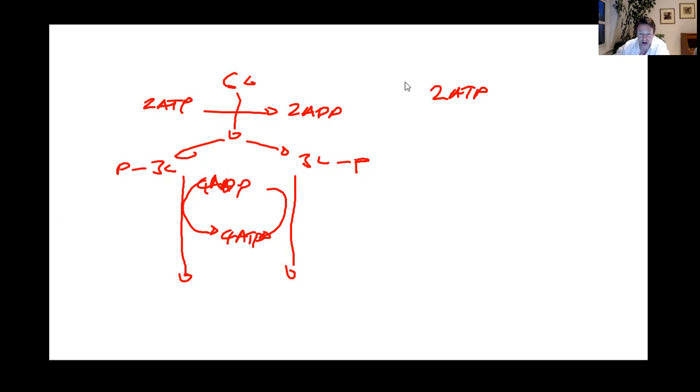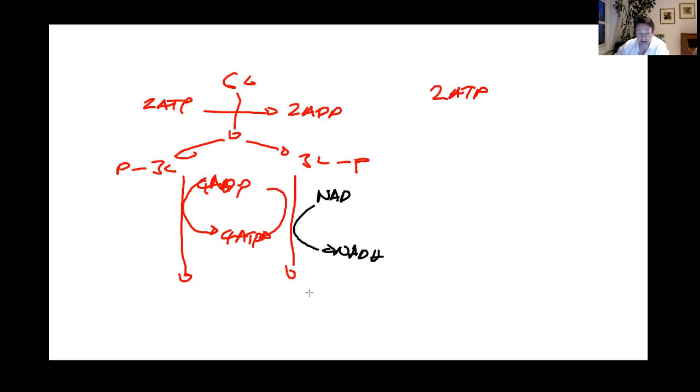At the same time, this is where you reduce an NAD to an NADH. Now, conventionally, the NADH is going to go off to the electron transport chain, and it's going to be regenerated by donating the electrons.